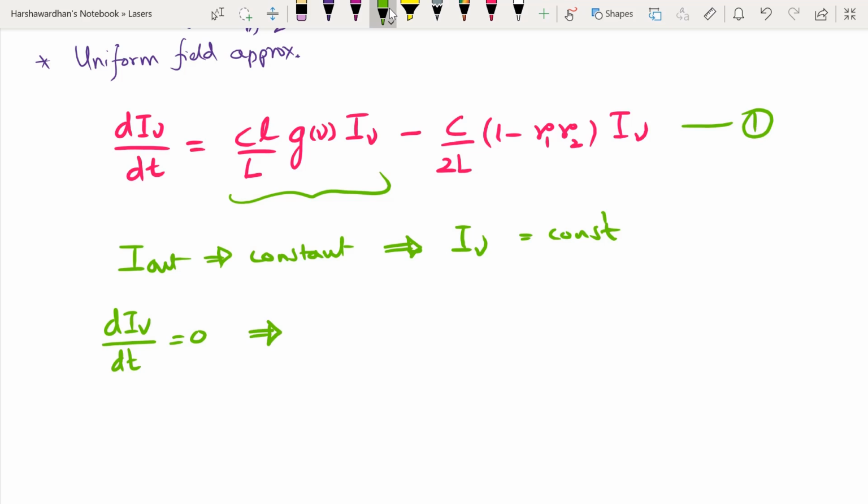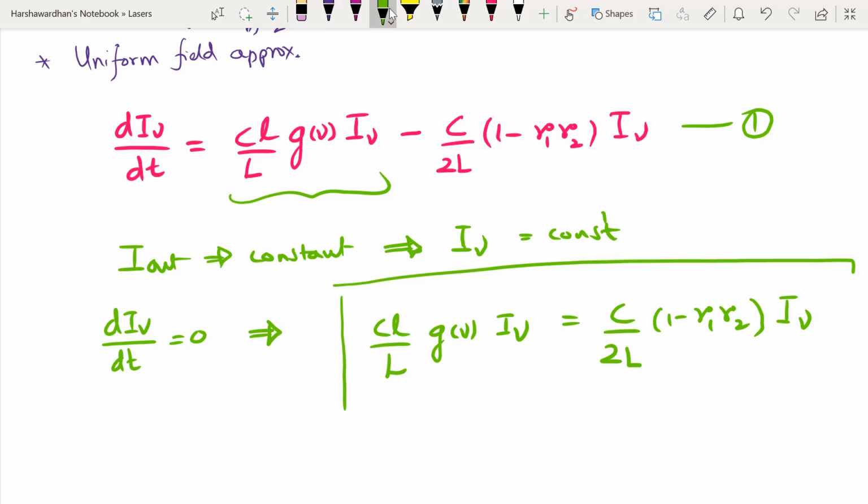If you're away from this condition, you would not get a time independent constant output intensity. So this implies the following, that my c small l L G of nu I nu is equal to c by 2L (1 minus R1 R2) times I nu.